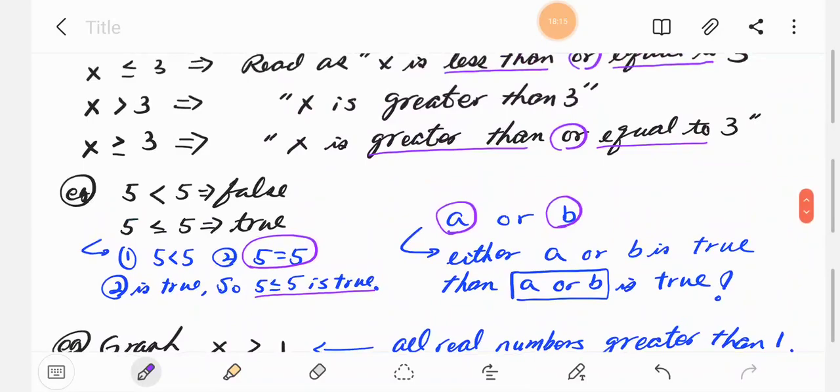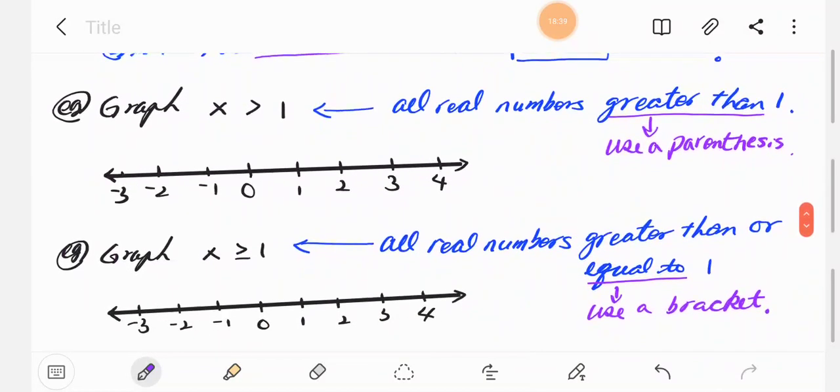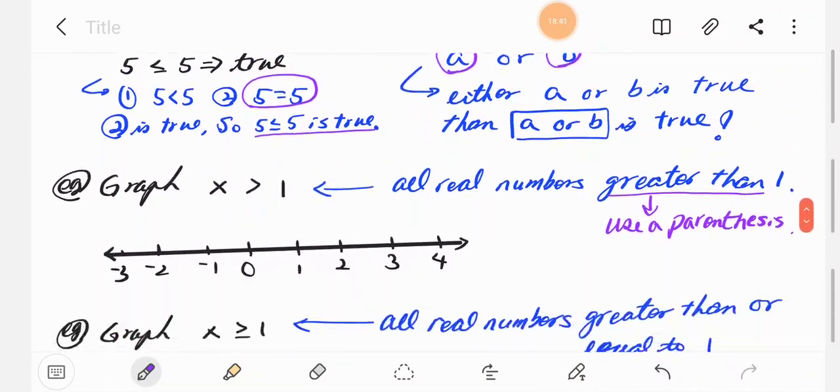So if x equals 3, then 3 is greater than or equal to 3. Greater than is false, but equal to is true, so the result of this inequality is true. I hope you got this.